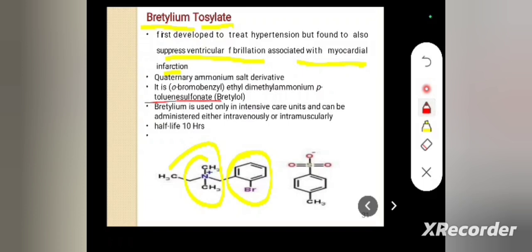Then bretylium is used only in intensive care units and can be administered either intravenously or intramuscularly. The half life of bretylium tosylate is about 10 hours.